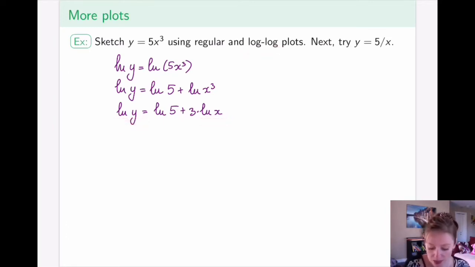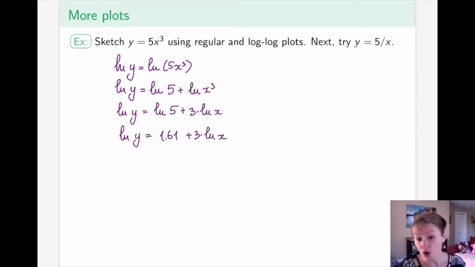Okay, so once again here, I can rewrite ln of 5 as its decimal expansion, which is approximately 1.61 plus 3 ln of x. And now I can also sketch it on a set of different axes, except here, again, both x and y get transformed. So let me call this ln of y capital Y, and this ln of x capital X.